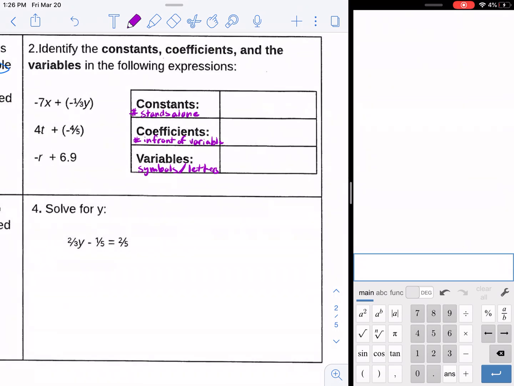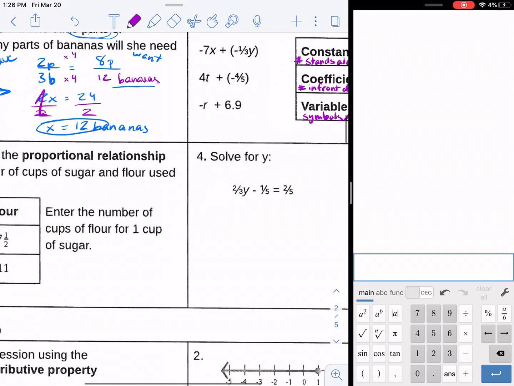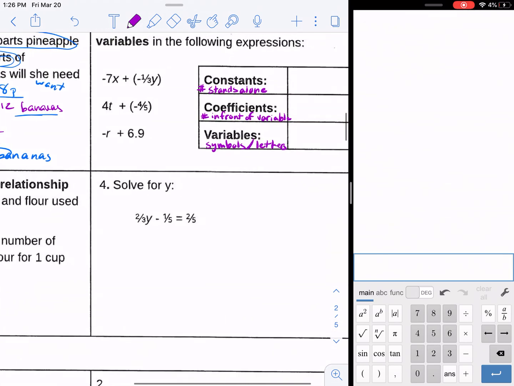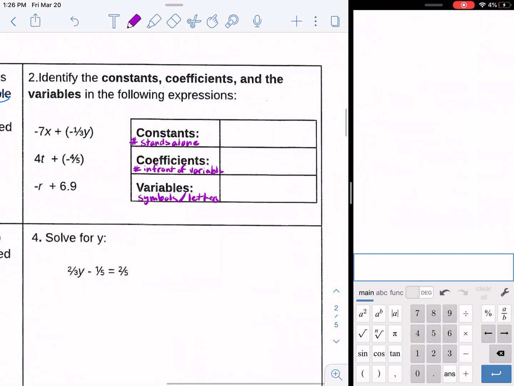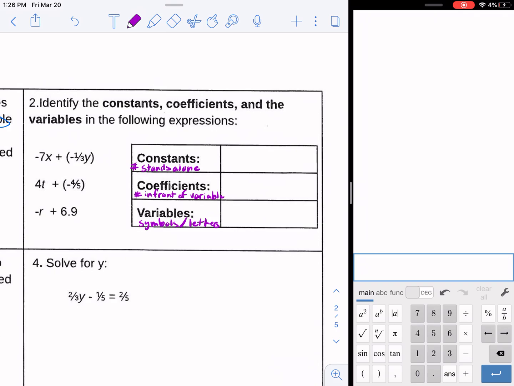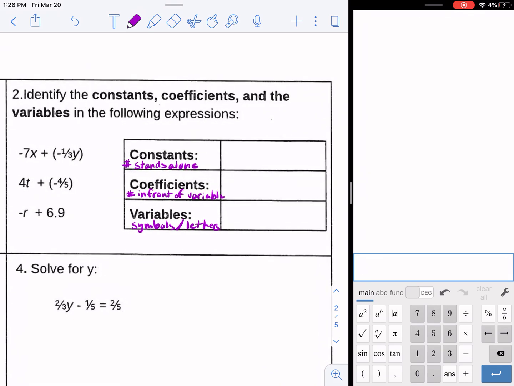So let's go through this. Constants. I think it wants me to do all three at once. It's fine. So this top one right here.